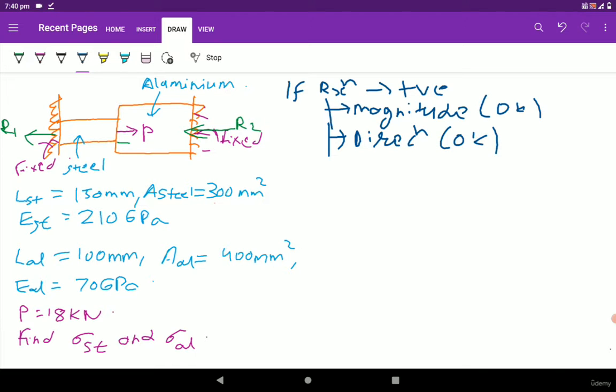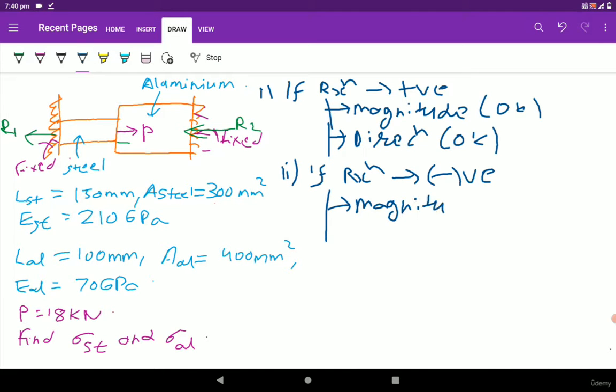Now if the reaction is negative, then the magnitude is fine, no need to modify further, but in case of direction, we have to reverse the direction.